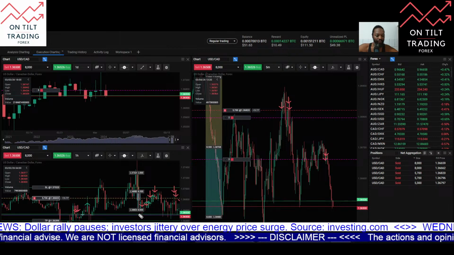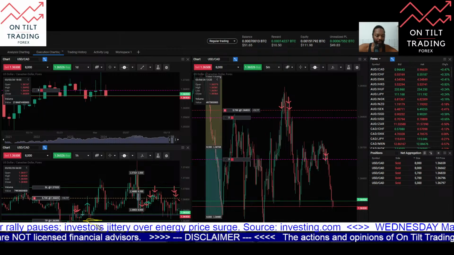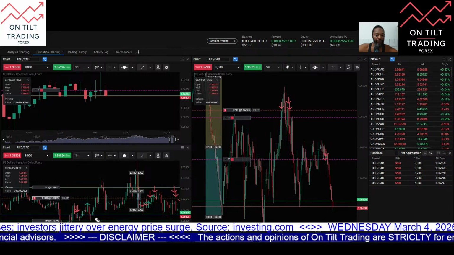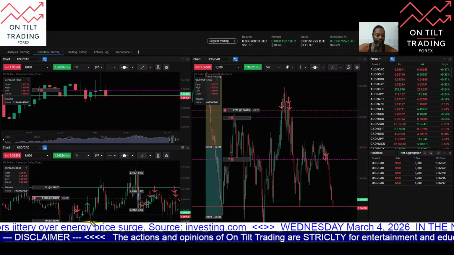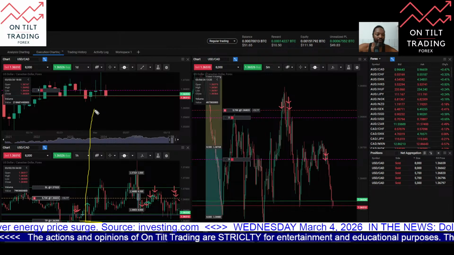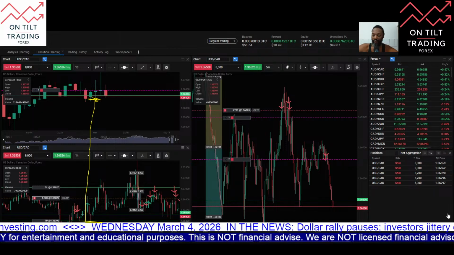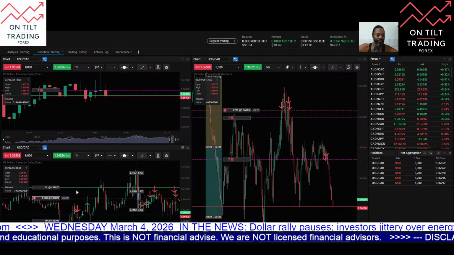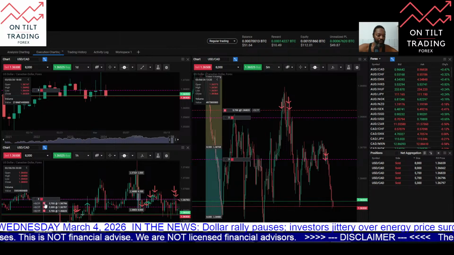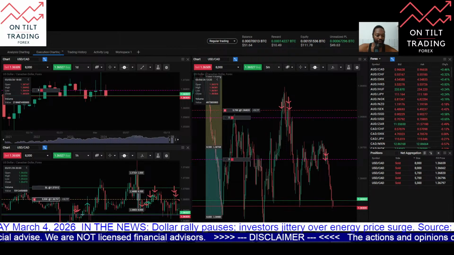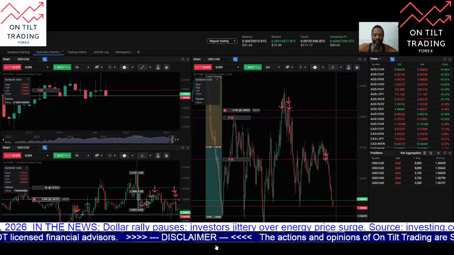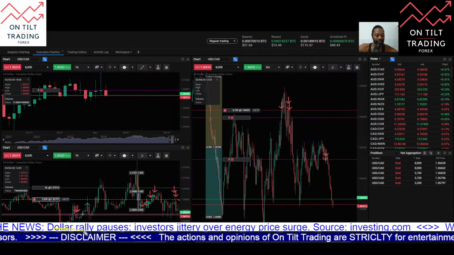So here, this is the liquidity level that I mentioned here. Here, this is Monday's liquidity right here. And final target, you see these relatively equal lows here.